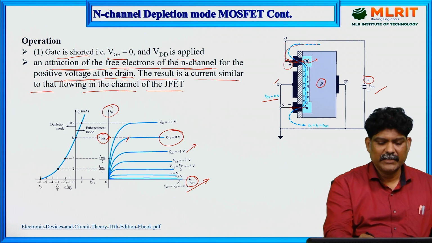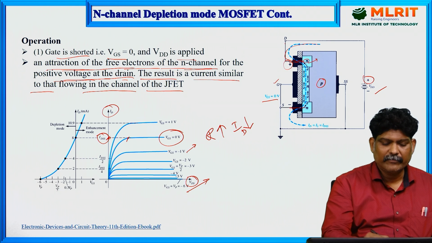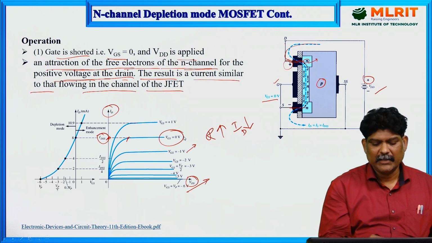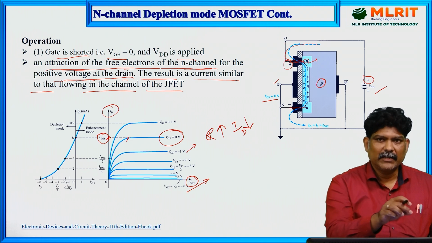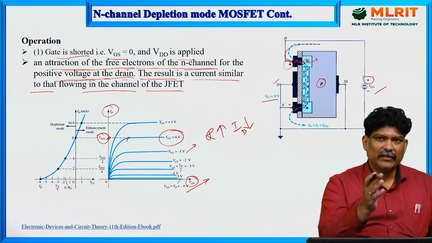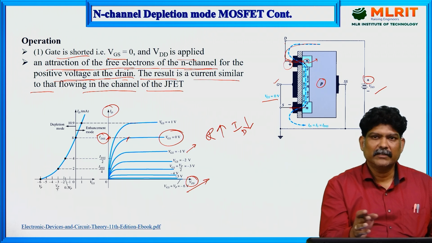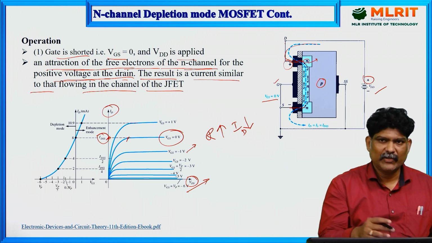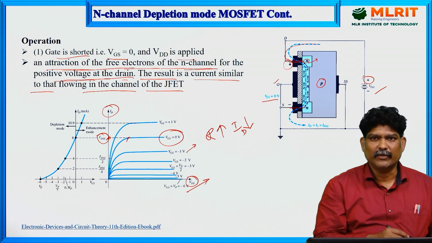This is the graph for the output characteristics. If you keep on increasing VDS, there is no increase in the current, whereas the current reaches saturation. After the pinch off voltage, if you increase VDS, the drain current is constant. It has reached the saturation level, but it does not fall to 0.